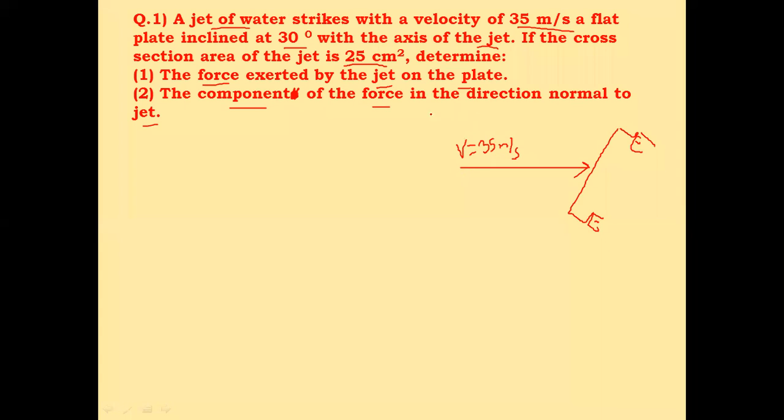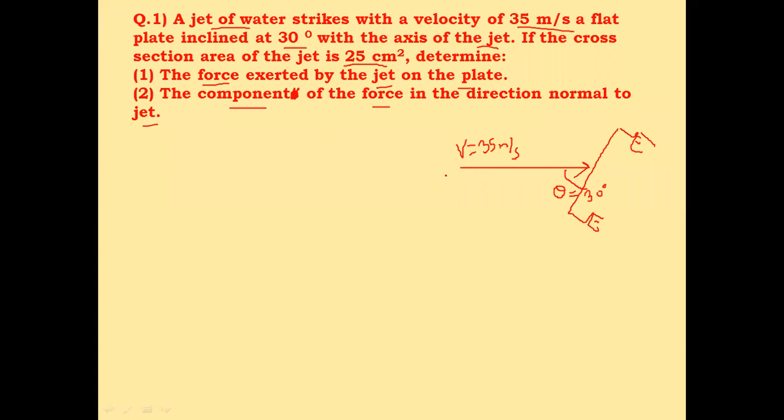This flat plate is inclined at 30° with the axis of the jet. So this arrow denotes the axis of the jet, and the inclined plate makes an angle of 30° with the axis of the jet. So theta is equal to 30° here.